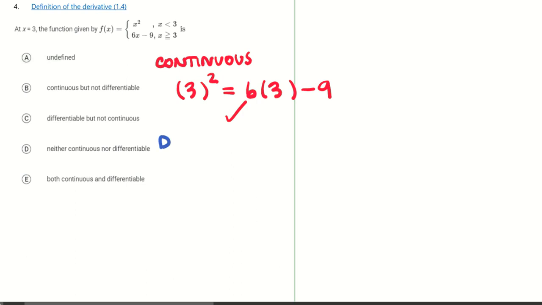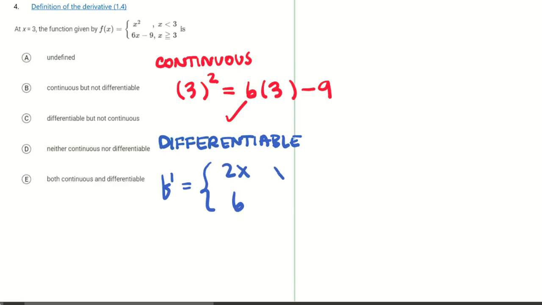As for differentiable, I'm going to have to check the two pieces of the derivative. So I'm going to say f prime is going to be 2x and 6, when x is less than 3 and when x is greater than or equal to 3.